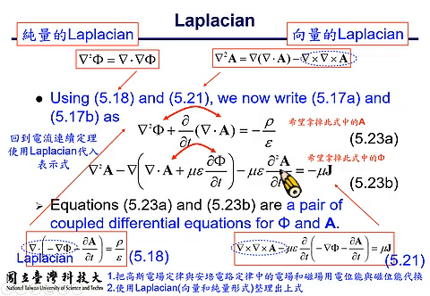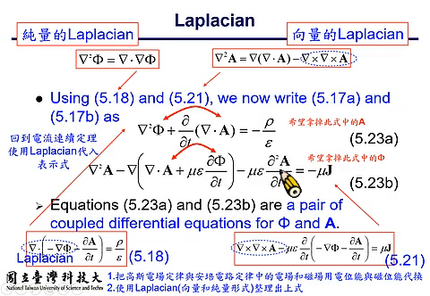However, what troubles us is that in the same equation you have both phi and A. So it becomes not that clear to reveal the relationship between the electrical charge source and the scalar potential, and it's not that easy to see the relationship between the electrical current source and the magnetic vector potential.